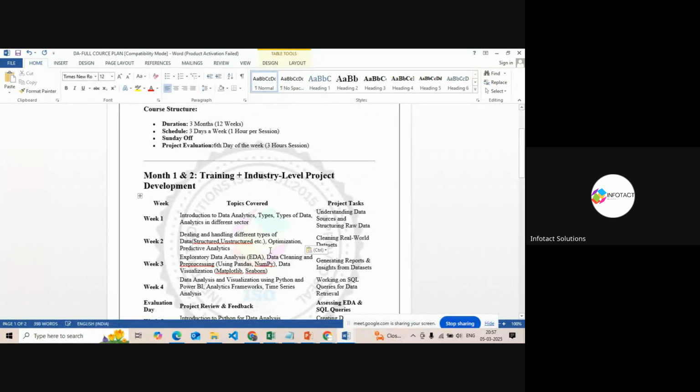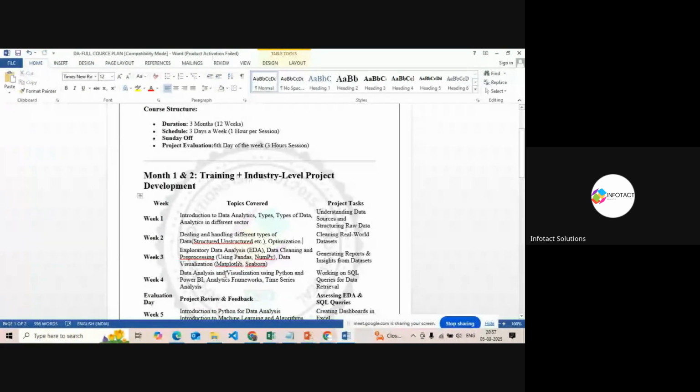Where we should add this optimization and predictive analytics? Predictive analytics to be added over the mark, not here. Right?